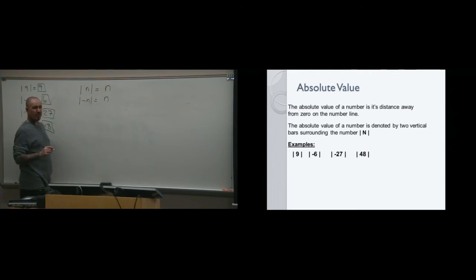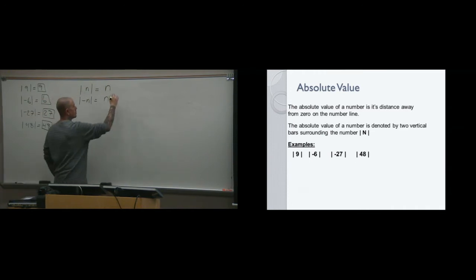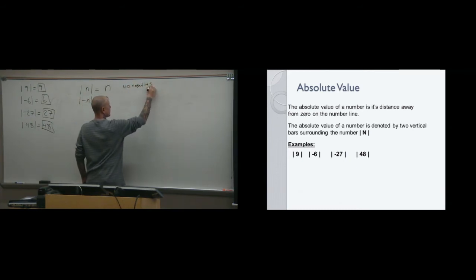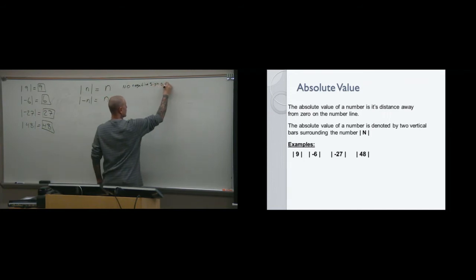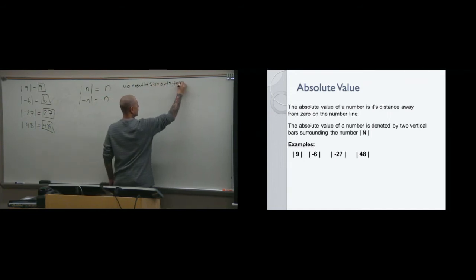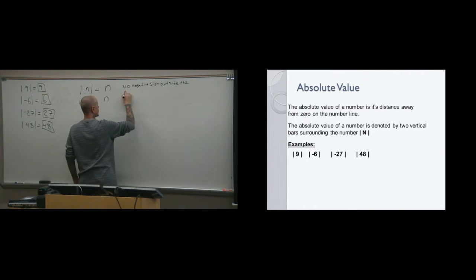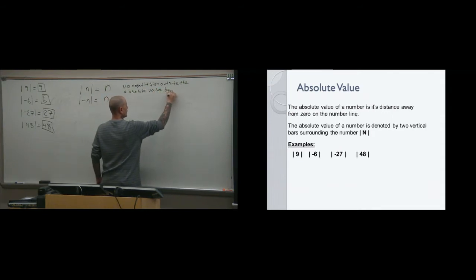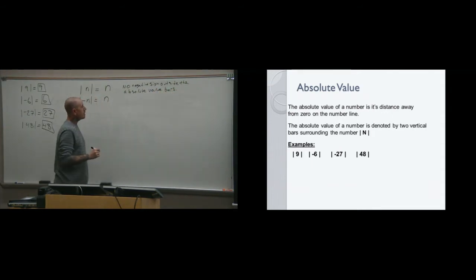I always just ignore that. I'm looking at the outside. So if there's no negative on the outside, no negative sign outside of the absolute value bars means we're going to get a positive answer.